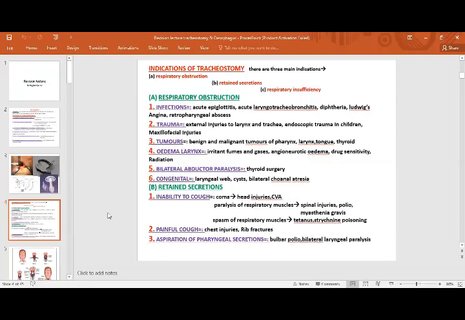And of course, if there is any irritation or inflammation of the larynx, then it is very difficult for a person to breathe. This is one of the indications for tracheostomy, and then of course bilateral vocal cord paralysis.